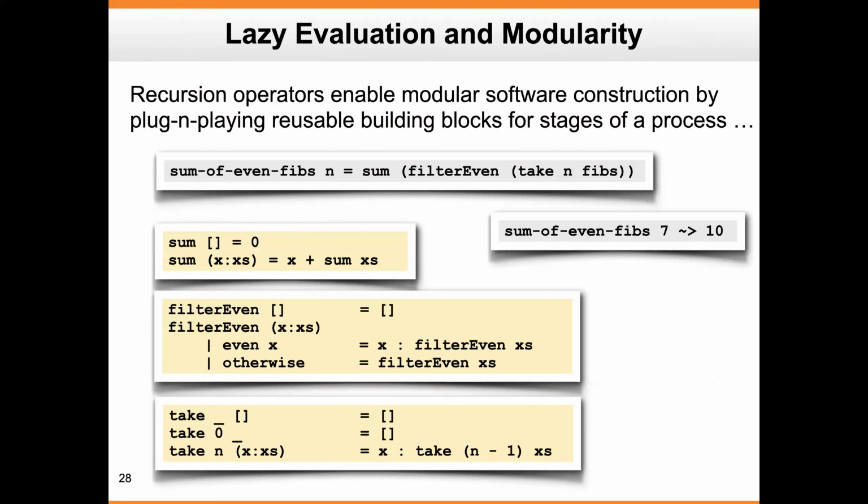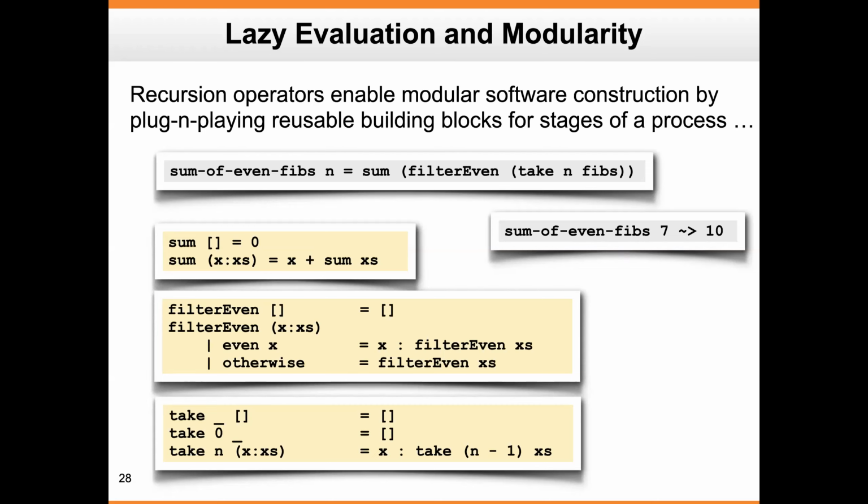The next advantage of lazy evaluation is that it enables modularity. What I mean is that we can construct software by plug and play of reusable building blocks for different stages of the process. This is illustrated by the example of defining a function called sum of even fibs n, which takes the list of Fibonacci numbers, assuming fibs is defined somewhere, and we take n of them as the parameter n.